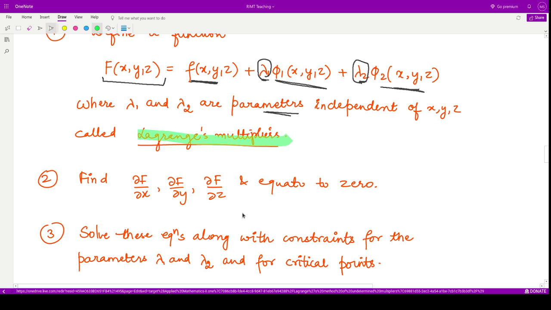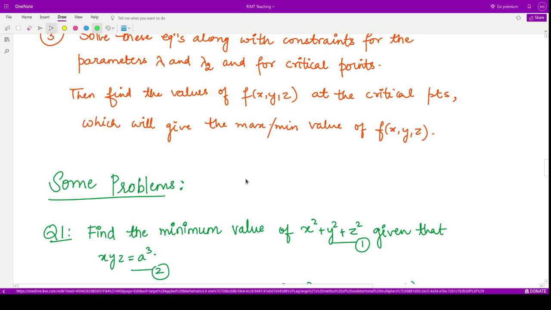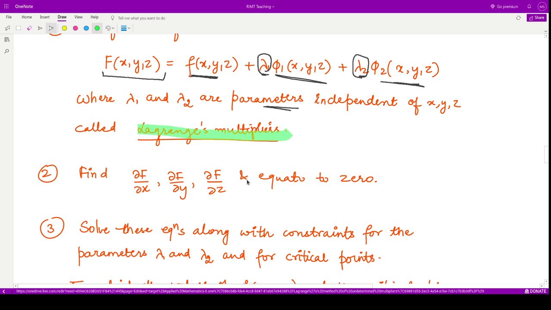Next, whichever function you have constructed, capital F, you calculate the derivatives for that function: del F by del x, del F by del y, and del F by del z. You compute the first order partial derivatives and then equate them to 0.